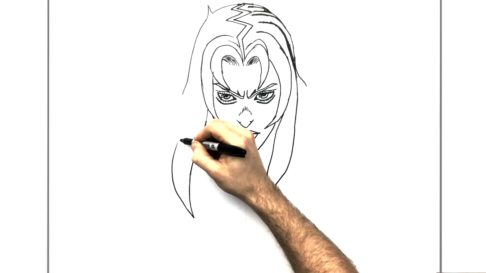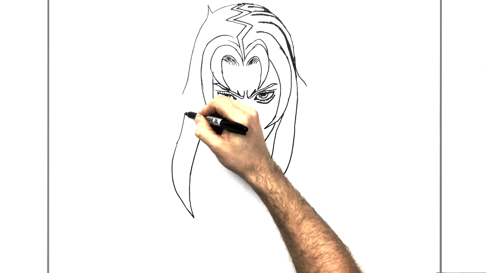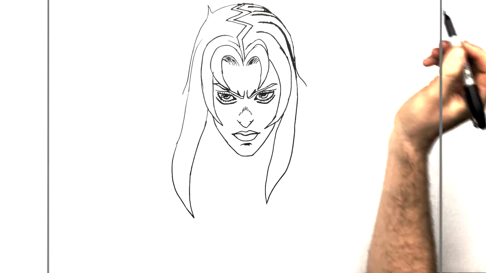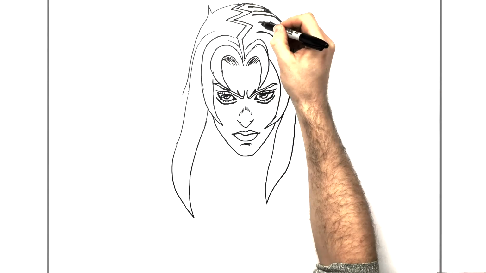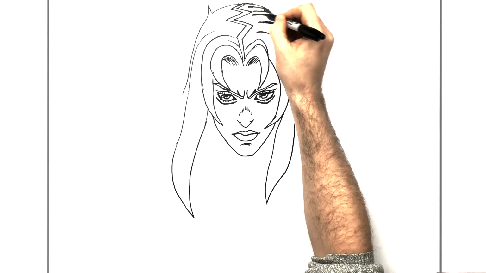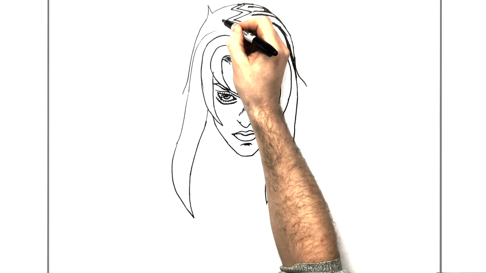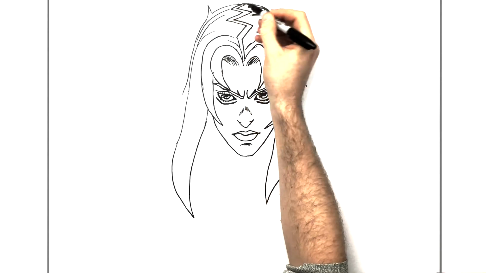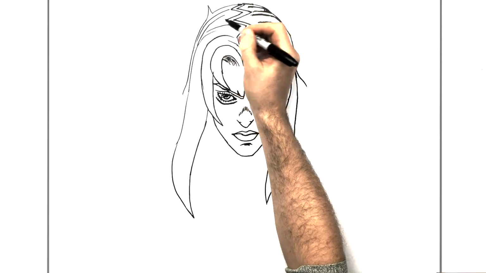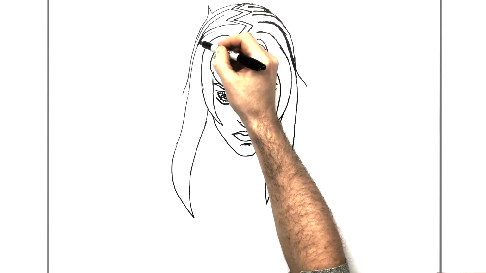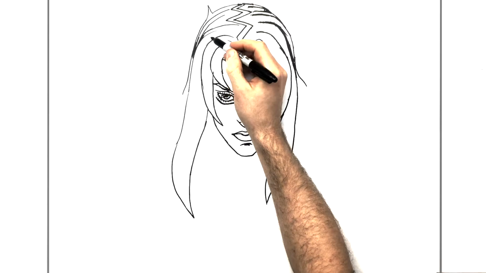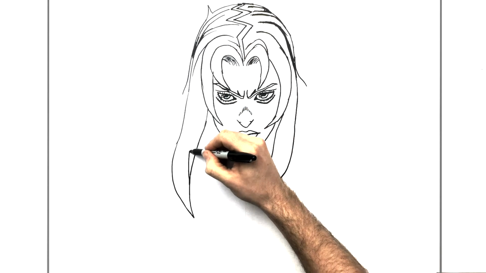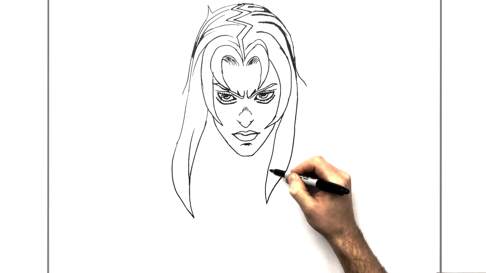And then this comes up like so, all the way up around and into here. And then you can add some more hairlines coming this way. Then you can add some shadow. You can add some hairlines on the hair spikes.